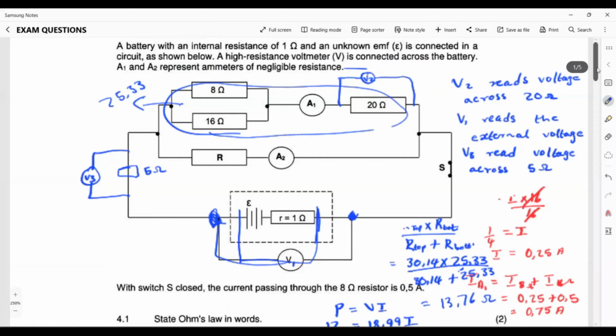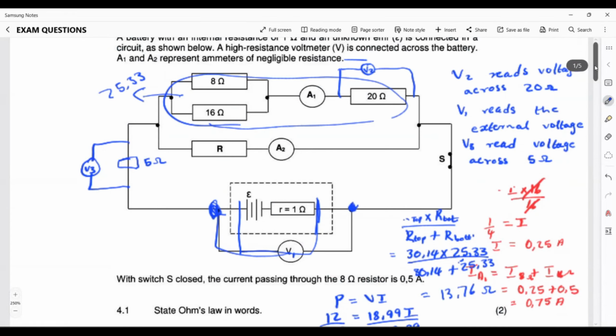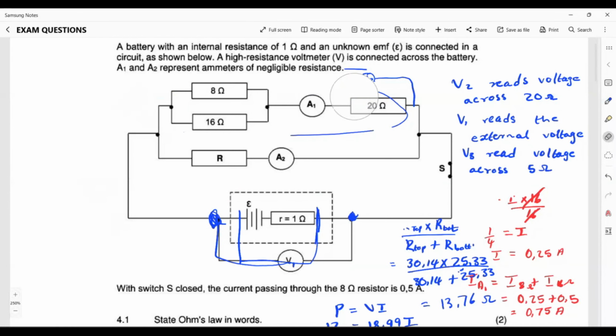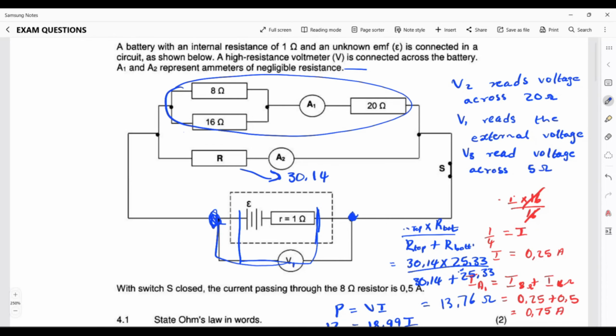And for those who are more interested in learning just for your own sake, let me also edit in this case for learning purpose. Here we got our R value as 30.14. And for the entire branch, it was 25.33.